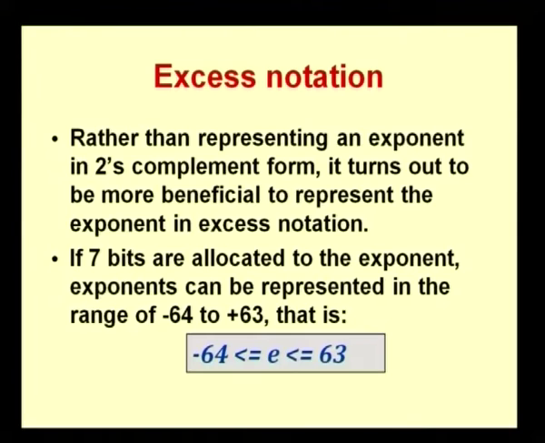Now, there is another concept that we need to understand when we talk about floating point numbers, which is that of excess notation. This excess notation is something that you would have studied when you talked about digital techniques and principles of digital. When we talk about representation of numbers using binary representation of digital numbers, we talk about something called an excess 3 representation.